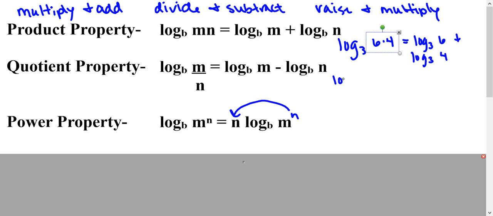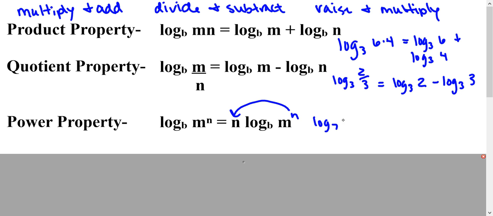If I had log base 3 of 2/3, that would be the same as log base 3 of 2 minus log base 3 of 3. So you could separate them by subtraction. Then let's say I had log base 7 of x squared. Another way to write that would be to take this 2 that is the exponent and multiply it in the front. So that would be 2 log base 7 of x. So those are just some examples.